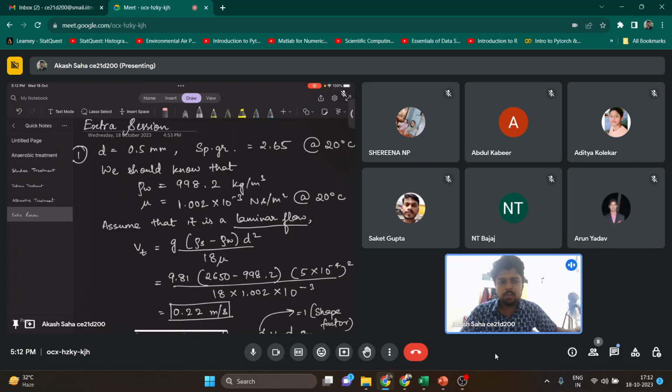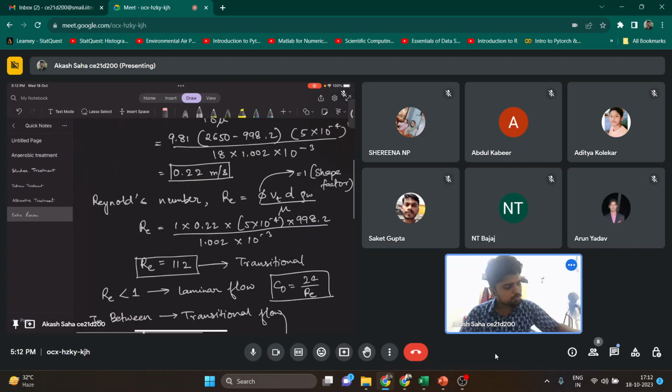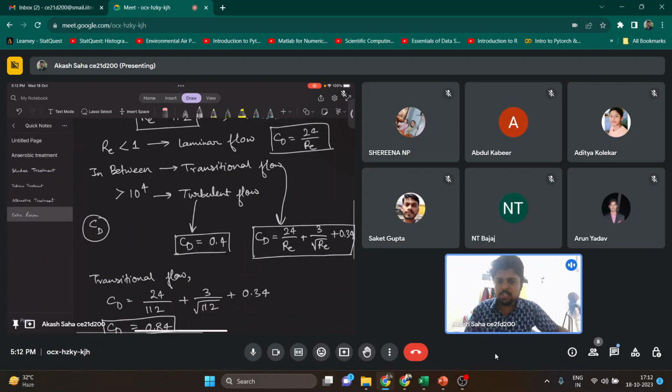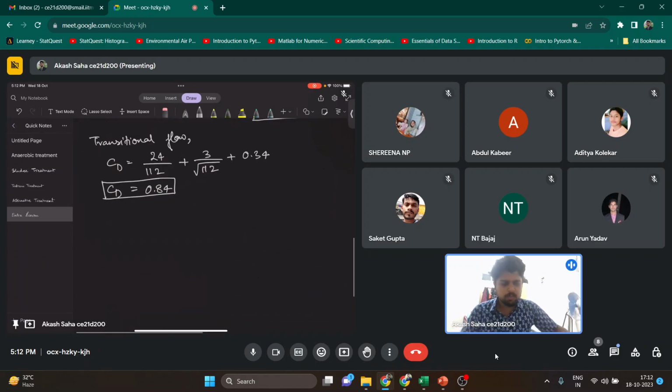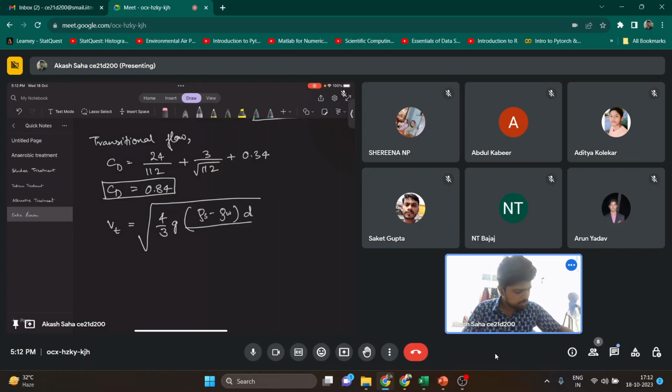But now we know the CD value, so we can directly use the general formula for terminal velocity, which is Vt equal to root over 4 by 3 G into rho s minus rho w into D divided by CD rho w.